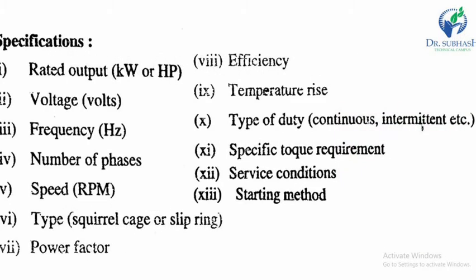Now here are some specifications regarding design of AC machine. First one is rated output, which is in kilowatt or horsepower.